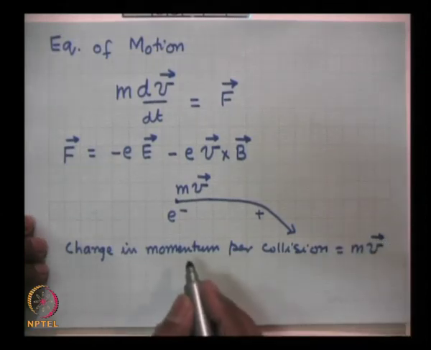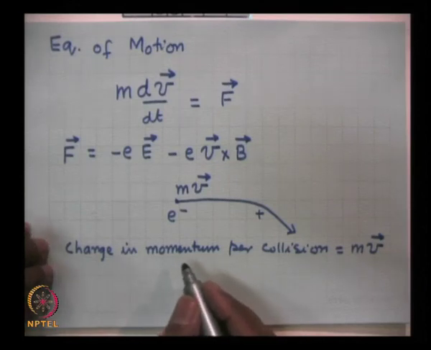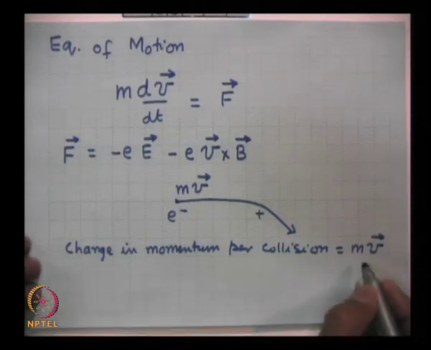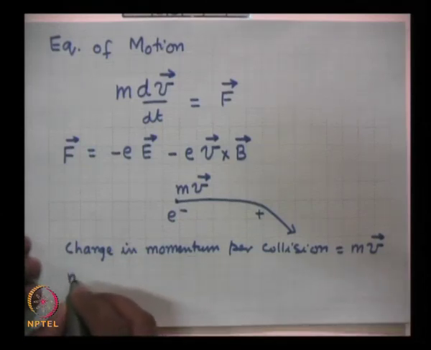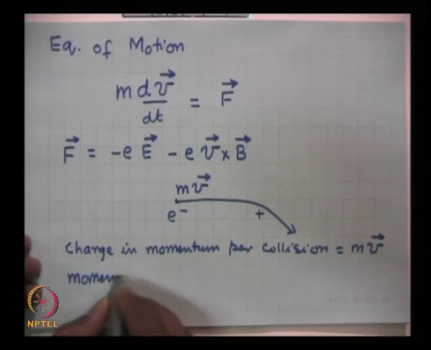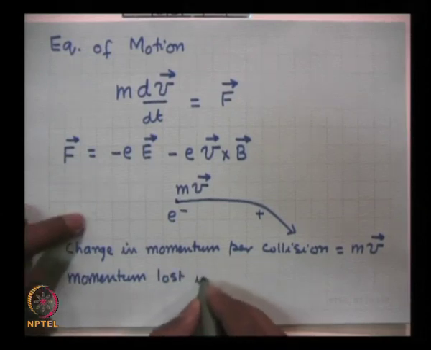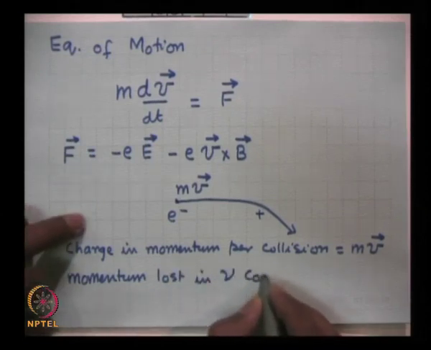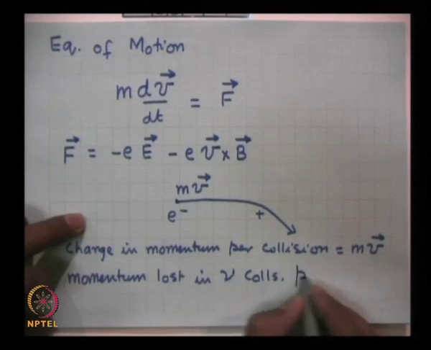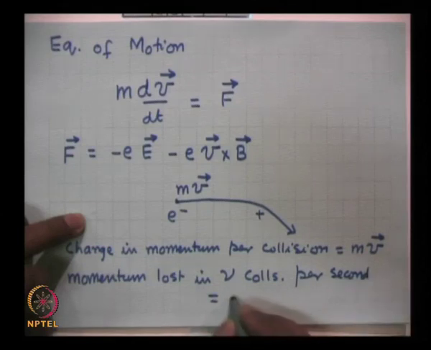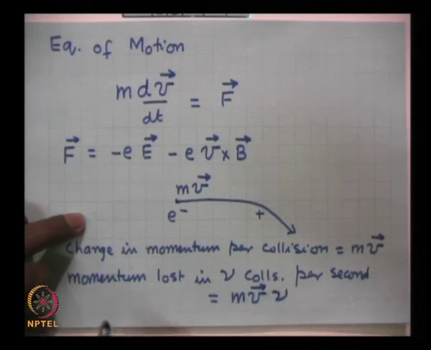and if there are nu collisions per second, then the momentum lost in collisions per second will be nu times mv. So, momentum lost in nu collisions per second would be equal to mv into nu, but this is a loss of momentum, not gain of momentum.